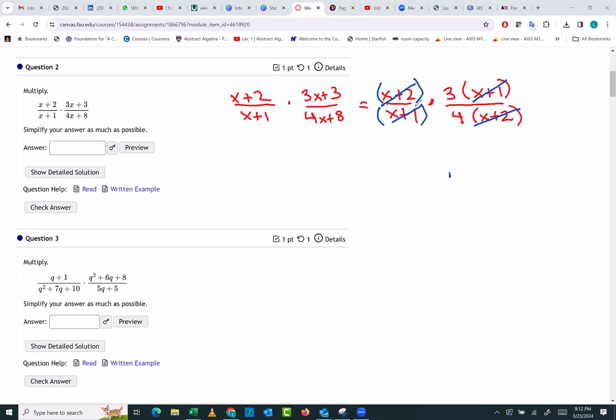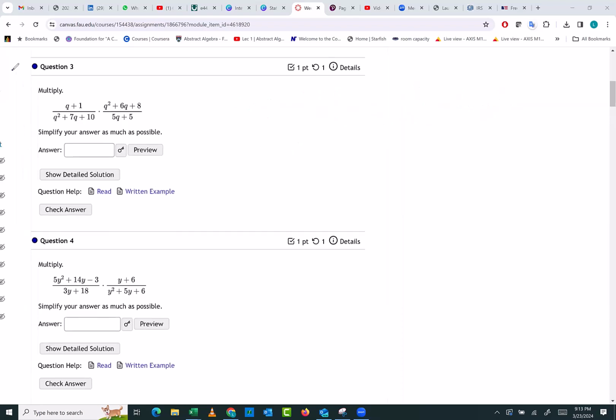That x plus 2 matches that x plus 2. Whatever x is, they match. So they can cancel. My final answer is going to be 3/4. And that's it. Everything else is gone.